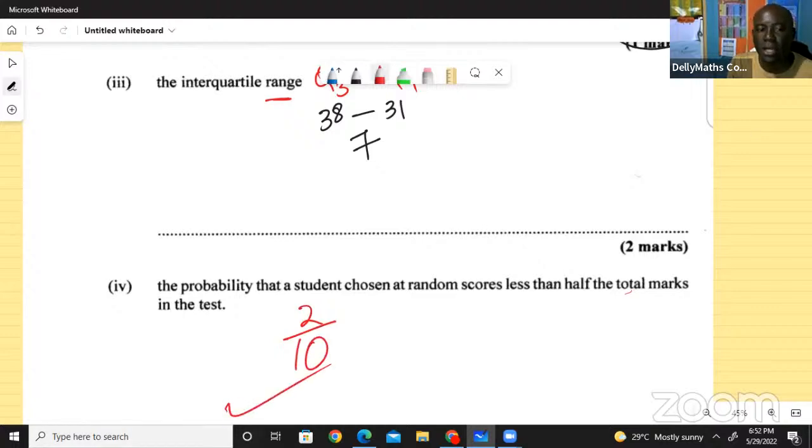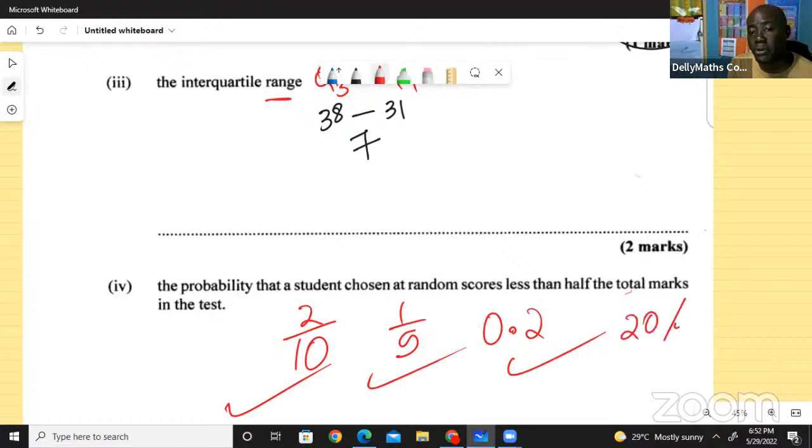This is an answer. Somebody might cancel down and say 1/5. That is correct. Somebody might put it in decimal and say 0.2. That is correct. Another person might look at it and say 20%. That is correct. So all of those answers are expected. Whichever one you choose, you would have been fine.